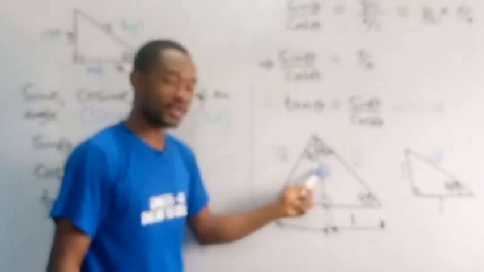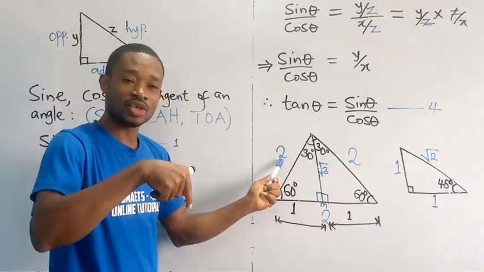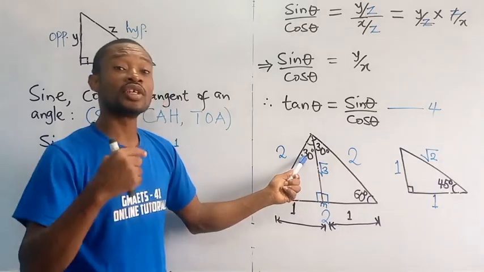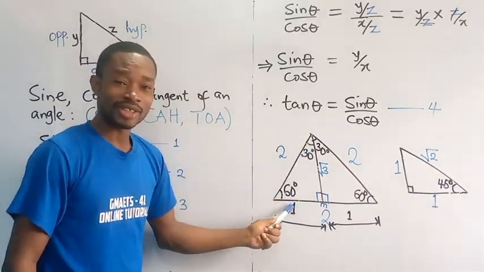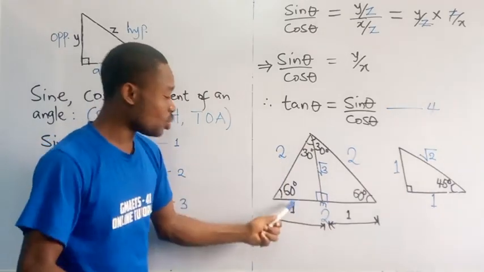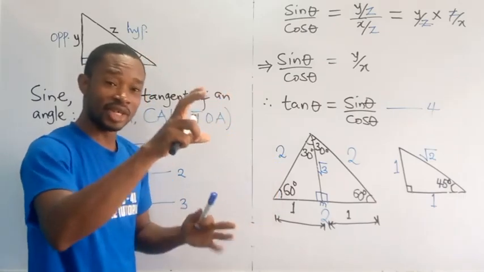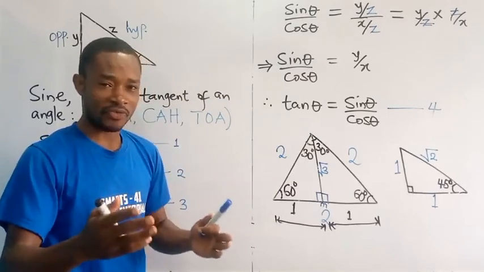The adjacent will be root 3. So cos 30 will be root 3 over the hypotenuse, which is 2, root 3 over 2. And then sine 30, which is opposite over hypotenuse. This is 30, the opposite is 1, the hypotenuse is 2. So sine 30 is going to be 1 over 2, which agrees with what you saw in that unit circle for cos 30 and sine 30. Are you following, right?